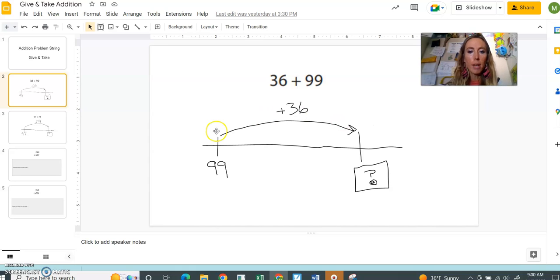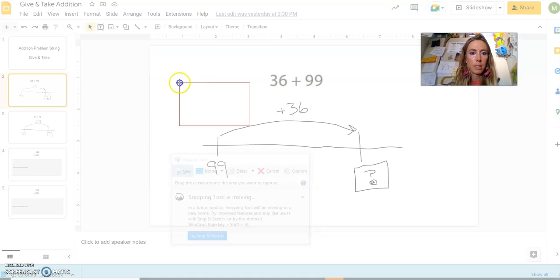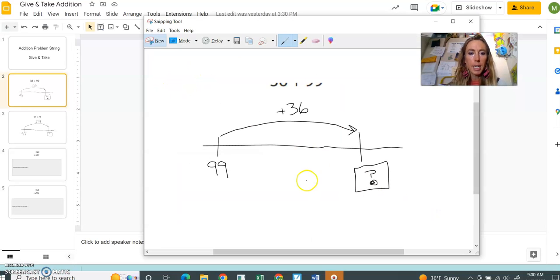And if no one came up with this, the thought is here to share the idea that 99 is really close to 100. So if we just jump 1 right here, if we just add 1, we'll be at 100. But we wanted to add 36. So if I already added 1 to get to 100, how many more do I need to go?